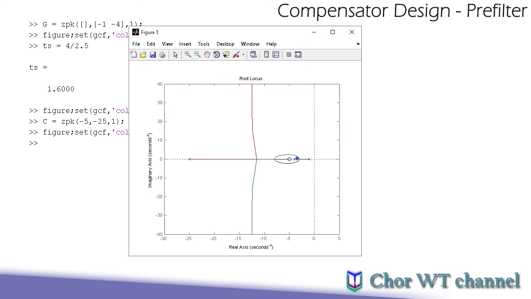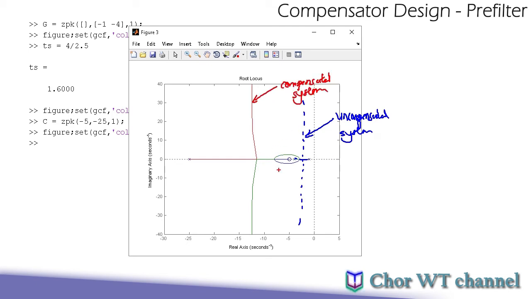Now you see that, let's say I sketch some dotted line over here. The dotted line represents our uncompensated system, while the other colored lines here show the root locus of the compensated system.